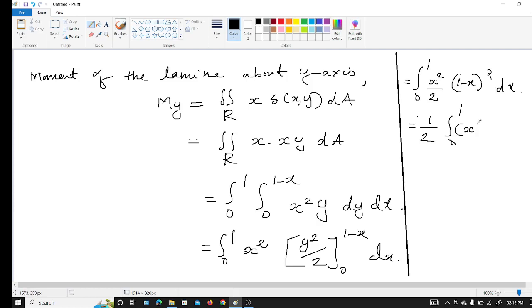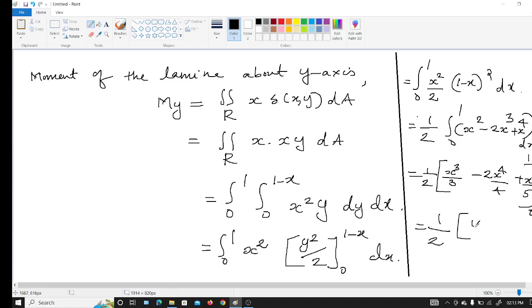Now you can expand this: x square minus 2x cube plus x raised to 4 dx. Now this is equal to 1 by 2 into x cube by 3, minus x raised to 4 by 4, plus x raised to 5 by 5, and here x varies from 0 to 1. So that is equal to 1 by 2 into 1 by 3 minus 1 by 4 plus 1 by 5. Okay, so this is equal to 1 by 2 into 1 by 30, that is equal to 1 by 60.